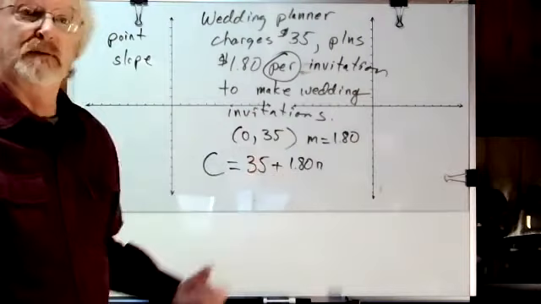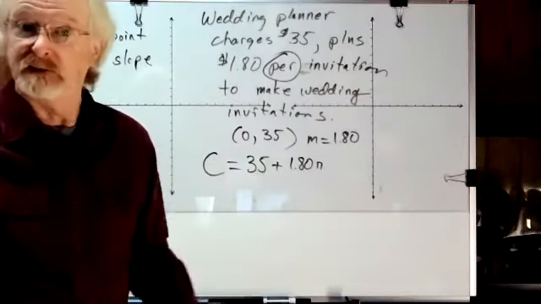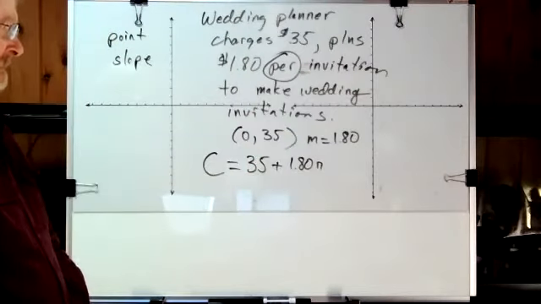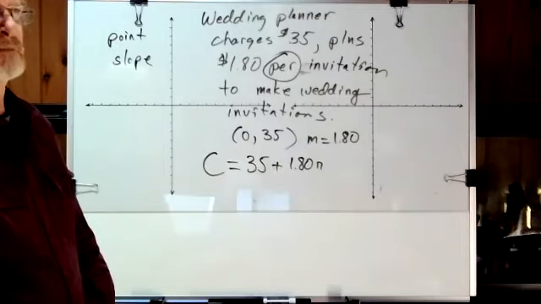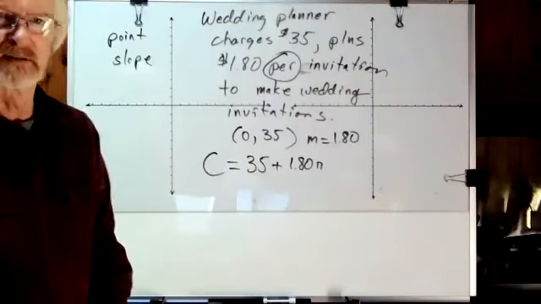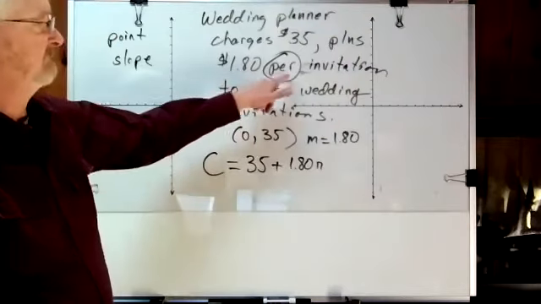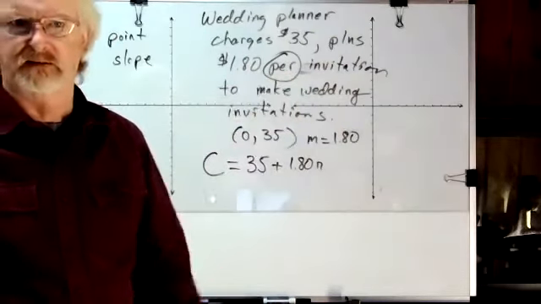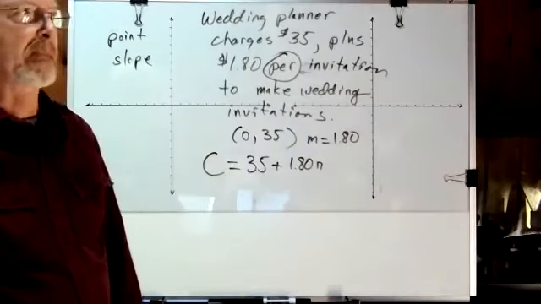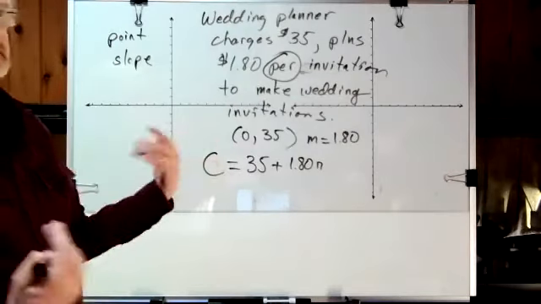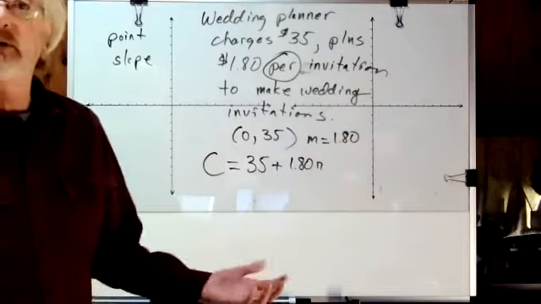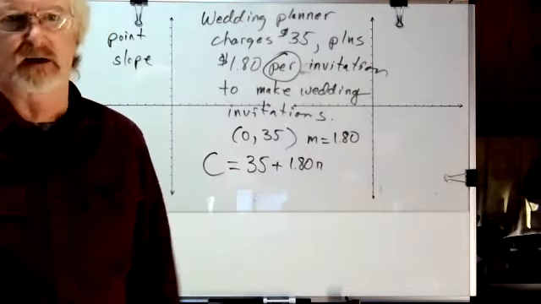So there would possibly be a part one for that question. It's almost given to you in the problem, but what does the slope mean? Well, you add $1.80 for every additional invitation, $1.80 per invitation. If you don't order any, what's the basic charge?